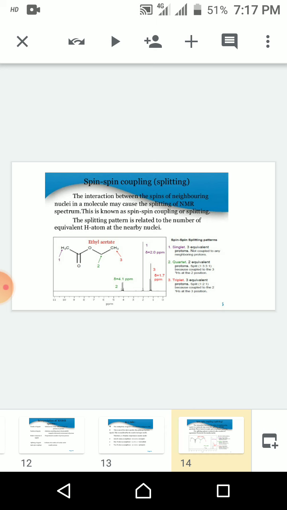The spin-spin coupling splitting pattern says: a singlet is for 3 equivalent protons not coupled to any neighboring protons; a quartet appears when coupled to the three hydrogens, with the ratio 1 is to 3 is to 3 is to 1; a triplet is for two equivalent protons, with the splitting ratio 1 is to 2 is to 1.